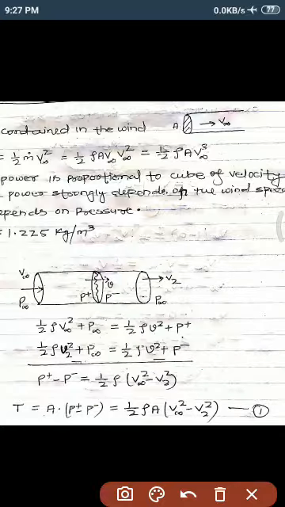By using these two equations, we can find the pressure difference as p positive minus p negative is equal to half rho into v infinite square minus v2 square.